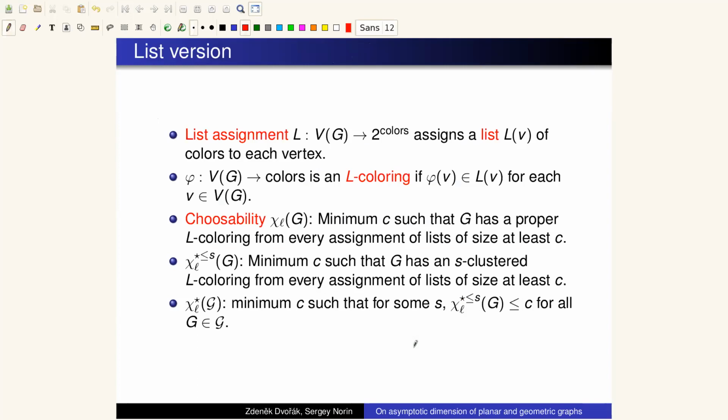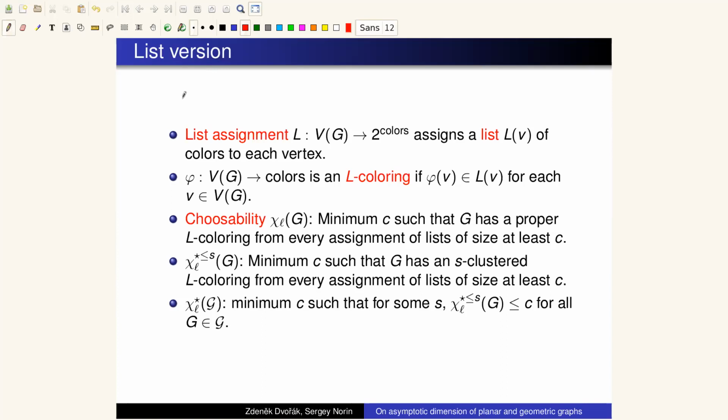But before we do that, let me mention that, as you can do for basically every variant of graph coloring, you can also consider the list version of the notion. So instead of choosing the color of each vertex from some fixed set of colors, each vertex can have its own set of colors from which you have to choose.